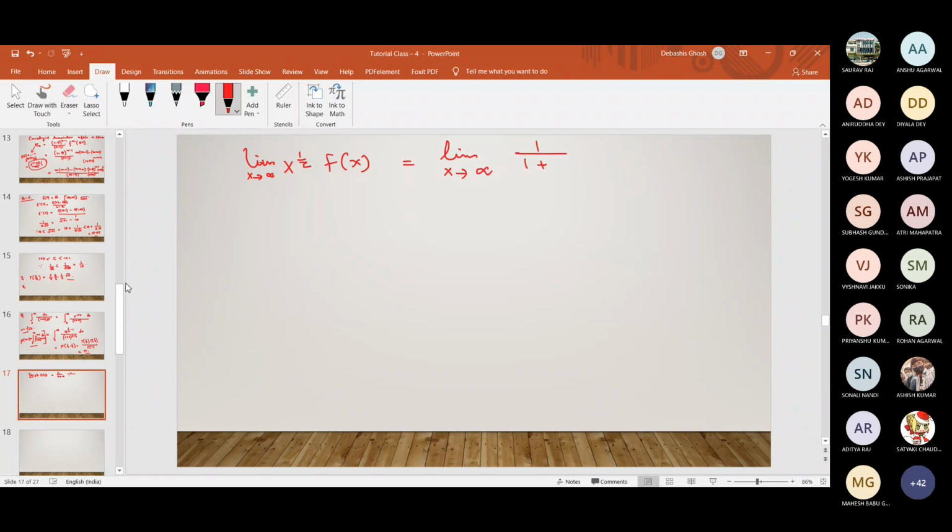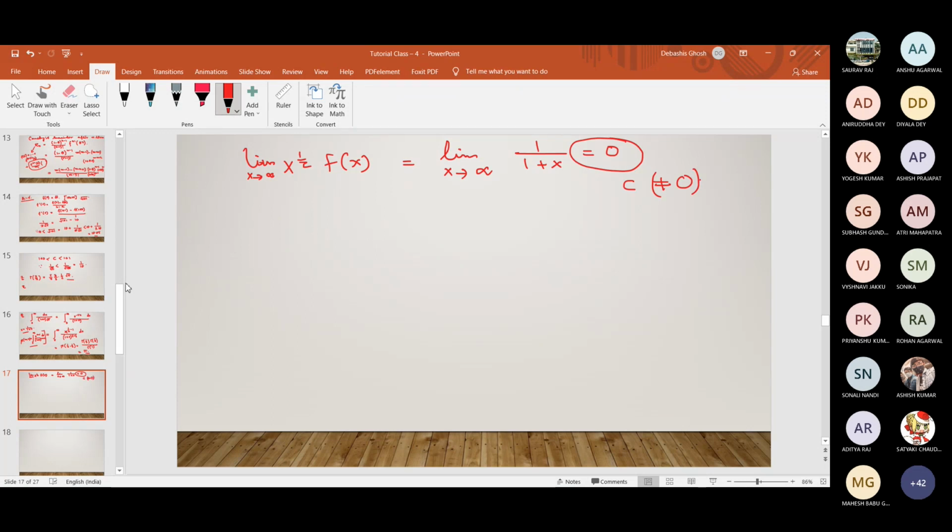So as x tends to infinity, this comes to 0. So for that 0 we could not conclude something like that. If it be a non-zero finite value, that means some value, suppose c, which is not equal to 0, then you can conclude something like that.